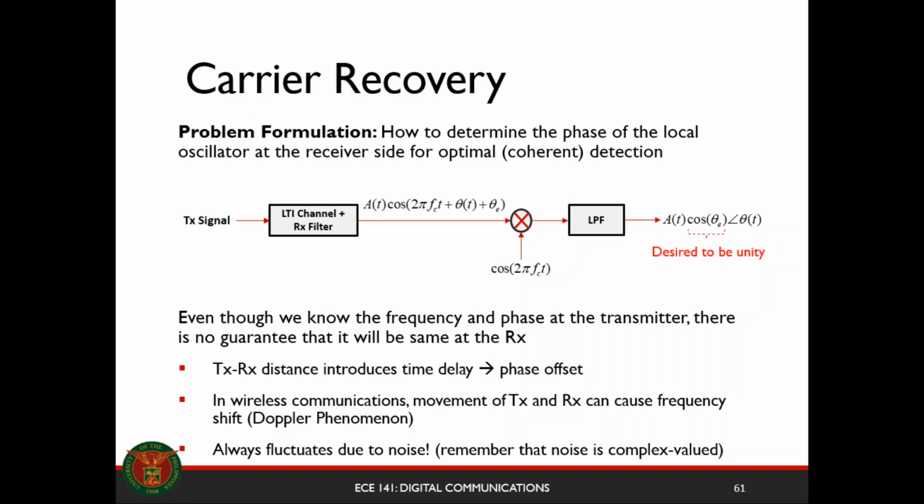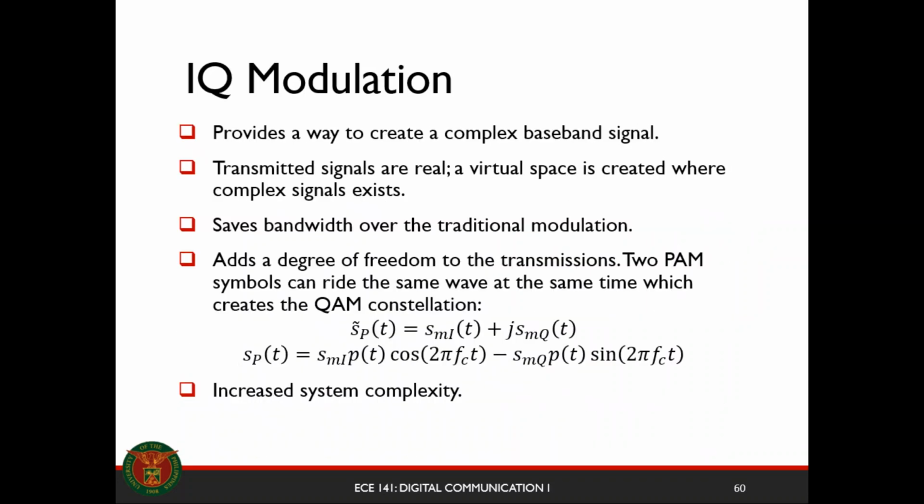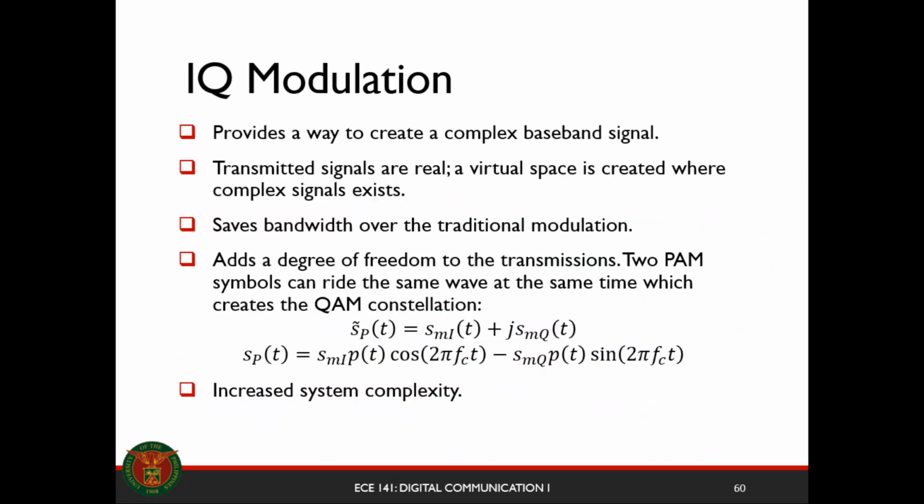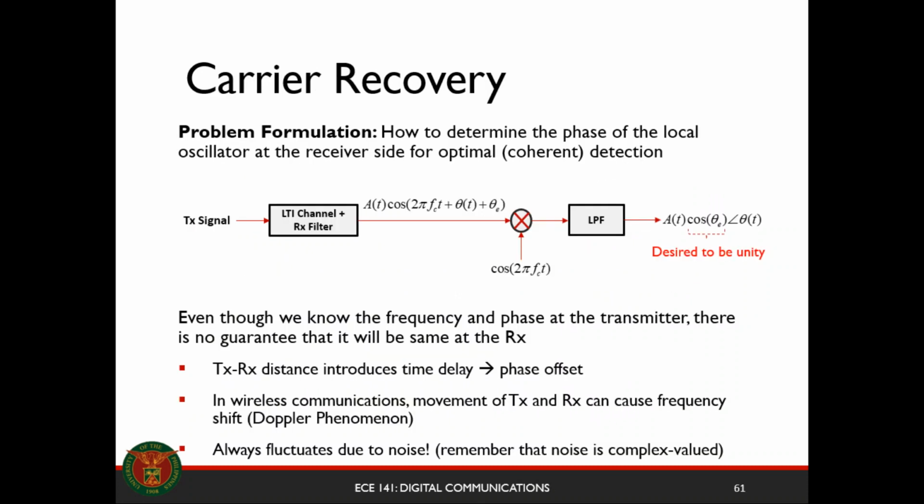How do we determine the phase of the local oscillator when we transmitted this signal right here at the receiver? We want to be able to have the same phase as our local oscillator so that our symbols won't be displaced.